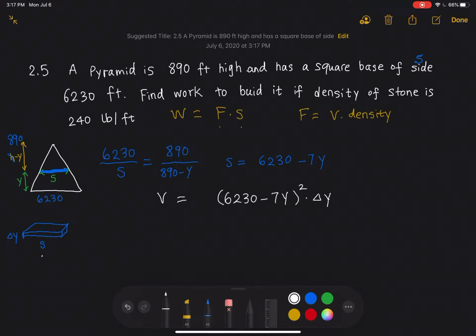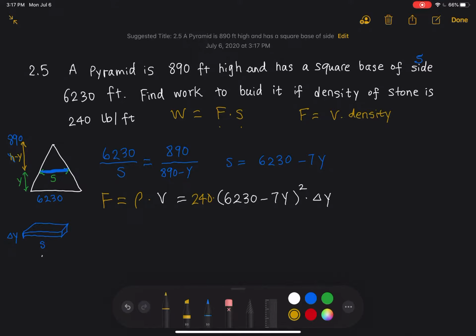Now that we have the volume, we need to find the force. The force is just the density, 240, times the volume. That is F. And Y you can treat as the distance.